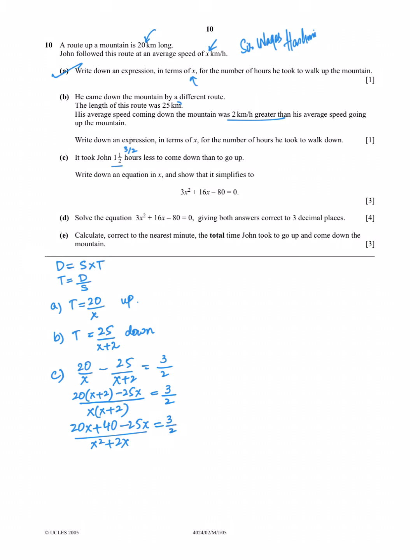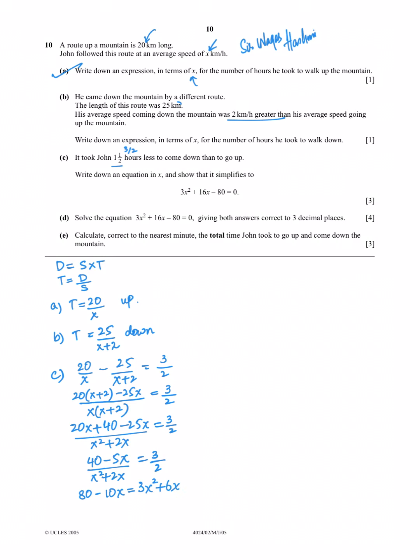So 20 minus 25, it will be 40 minus 5x divided by x square plus 2x equals to 3 divided by 2, and I need to cross multiply here. So 2 times 40, it's 80 minus 2 5s are 10x equals to 3x square plus 6x.